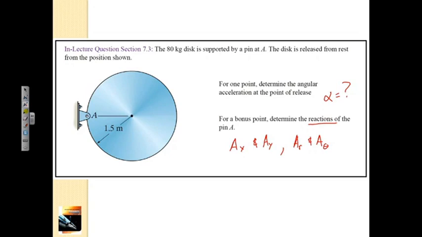Maybe we had a correction term that we're going to worry about, plus R from A to G cross with mass times the acceleration of A. This was what we wrote for our rigid body that has a pin point O, but here I just swapped out O for A. And we said the acceleration of A is 0, so this term goes away. This is all we really need.